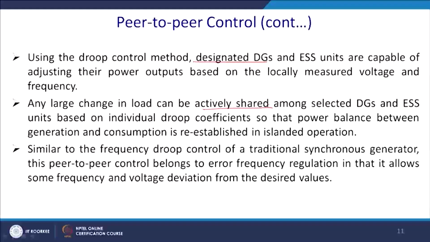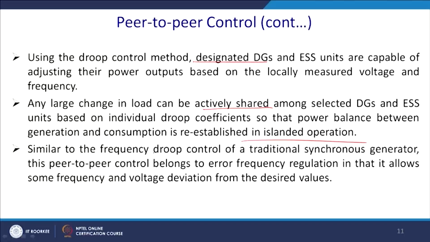Any large change in the load can be actively shared among the selected DGs and ESS units based on the individual droop coefficient, so that power balance between the generation and the consumption is re-established in islanding operation.